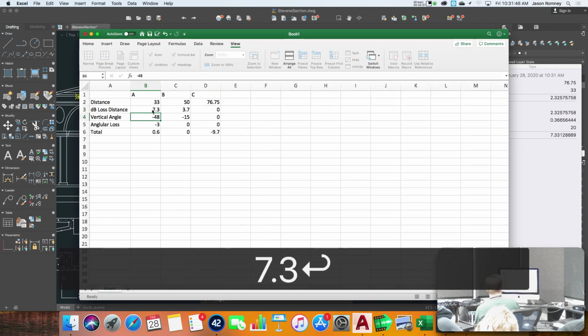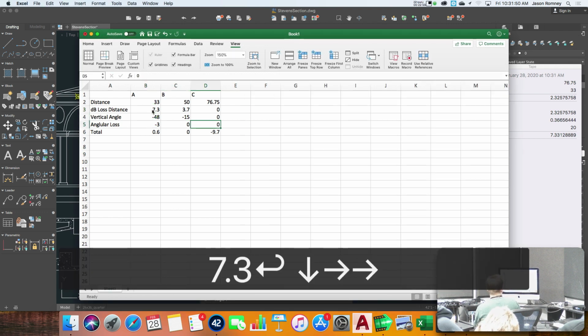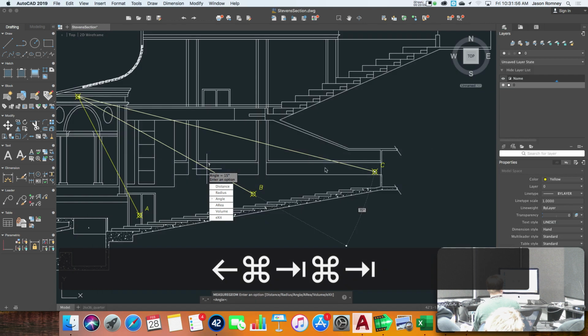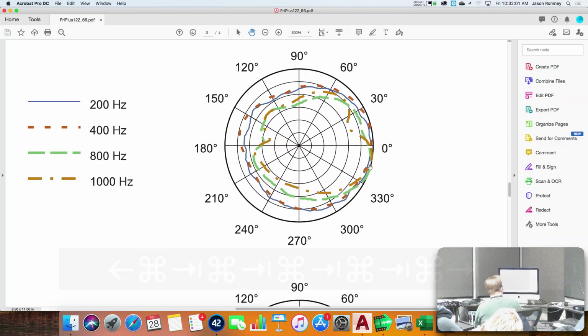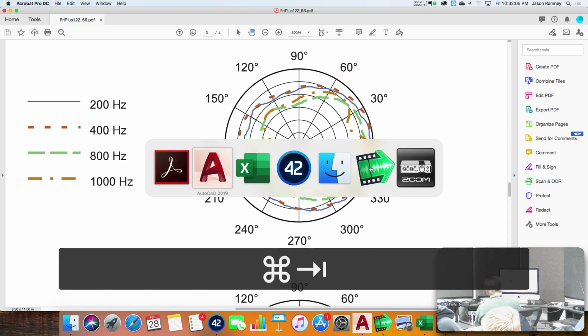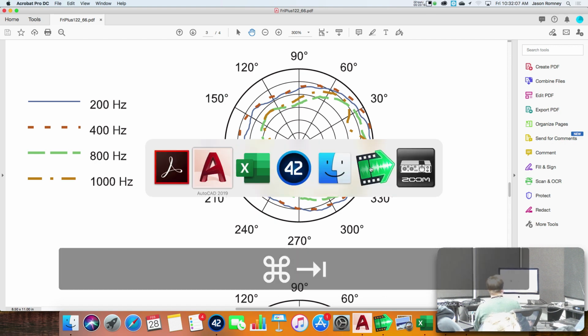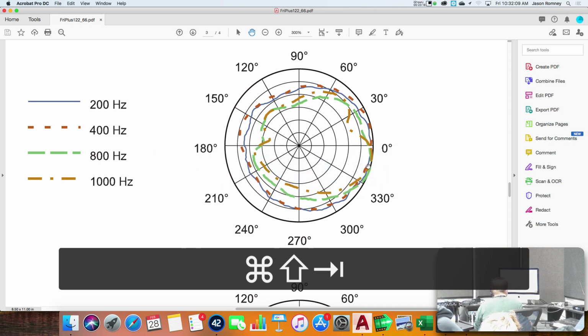OK, so we get 0 loss of directivity at seat C, but we certainly are going to have some angular loss. Let's take a look. If we go over here, minus 15, how much have we lost? Maybe a dB? Call it 2. Well, I don't think it's quite 2.